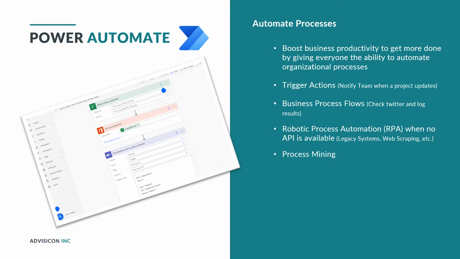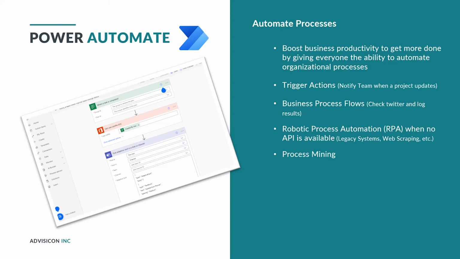Or I have business process flows, for example, that can be run at a certain time or can be run manually whenever I need them, such as a process to check Twitter for a certain hashtag and find all of those tweets with that hashtag and log them into a SharePoint list. Or we can use robotic process automation, or RPA.